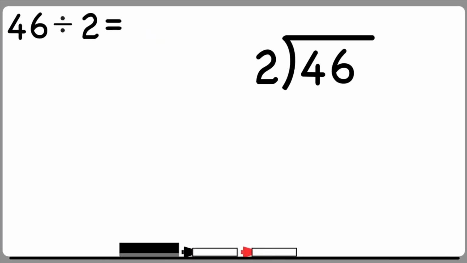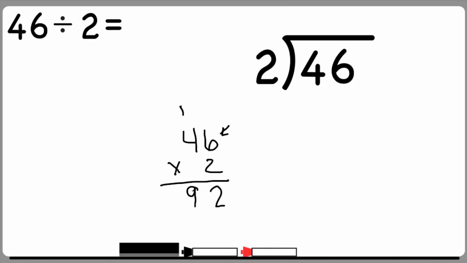First, let's talk about how things are different when we do division versus when we do things like multiplication, addition, or subtraction. Anytime you do those other operations, you always start on the right and move your way towards the left. For example, if you are going to multiply 46 by 2, you start over here on the right side and do your multiplication here first before moving over to the left.